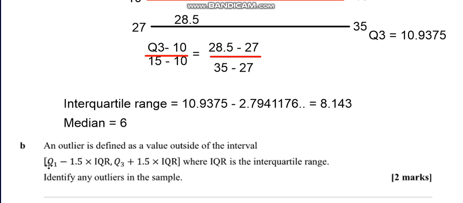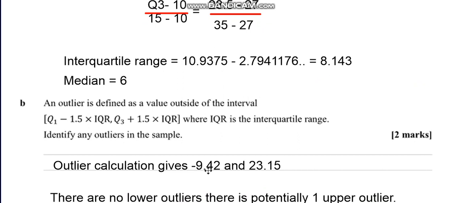So you should be doing 2.79 minus 1.5 times 8.143. And for this one, you should be doing 10.9375 plus 1.5 times 8.143. So it's just a case of choosing the right numbers to put into the formula, and you should come out with minus 9.42 and 23.15.